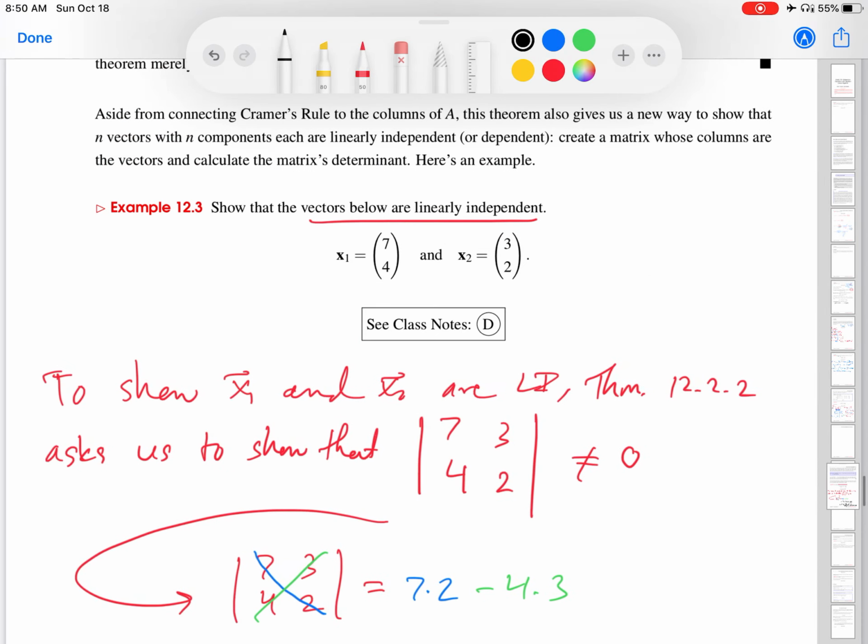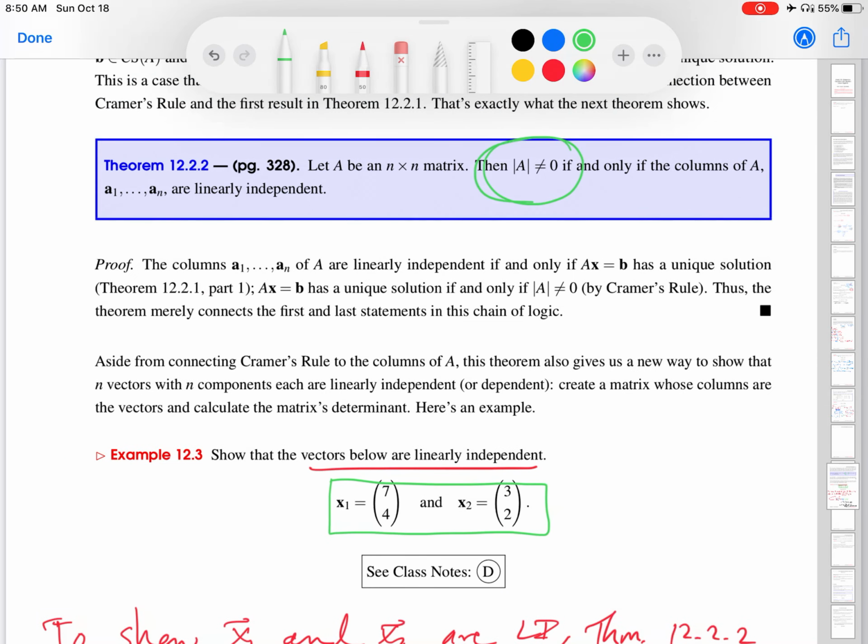This is a simple enough set of vectors that we can investigate linear independence through the definition that we've been using up to now. But it's nice that we have another condition using the determinant to verify linear independence, and that comes in very handy if the vectors get much bigger: vectors with 3 components, vectors with 4 or 5 components.